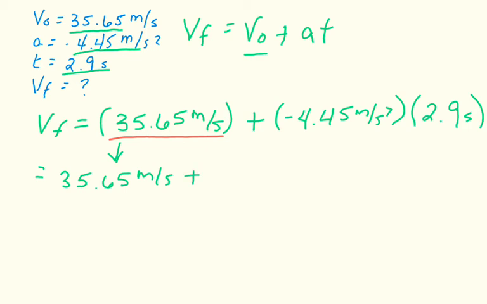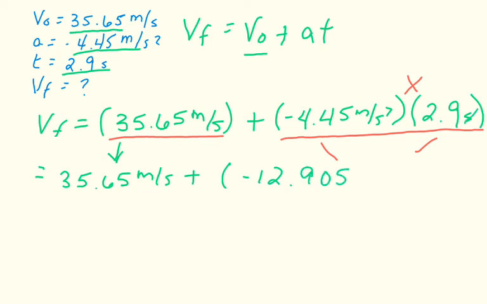There's no operation, so I'm just going to rewrite it exactly as it appears. Now, over here, there is an operation, right? The operation between 2.9 seconds and 4.45 meters per second squared, you remember this is multiplication. So I'm going to multiply these two numbers to give me my new value. So when I multiply negative 4.45 times 2.9, I end up with negative 12.905.